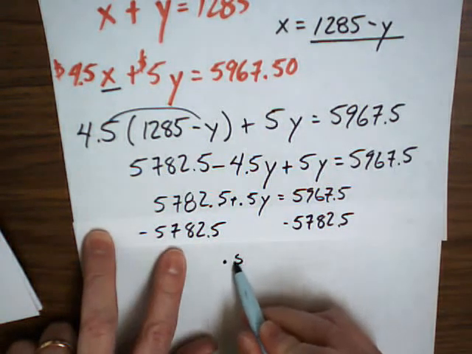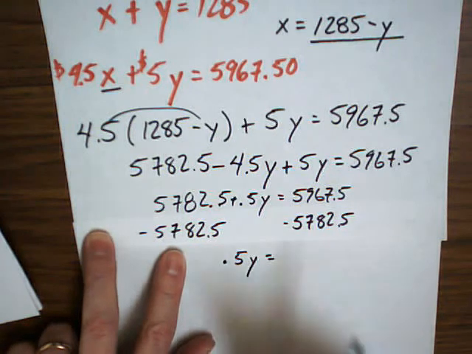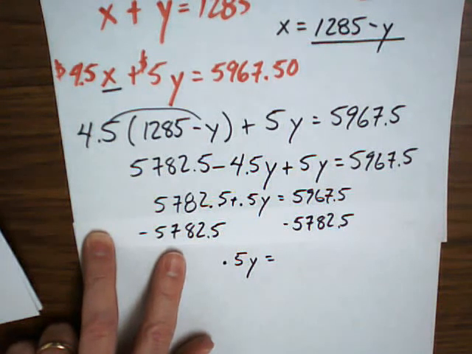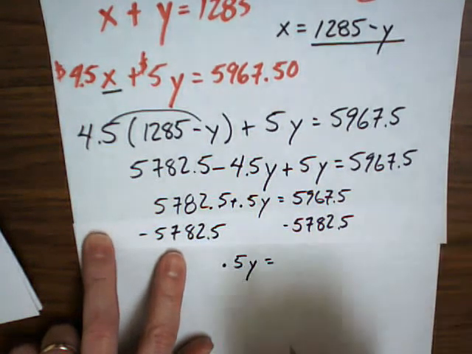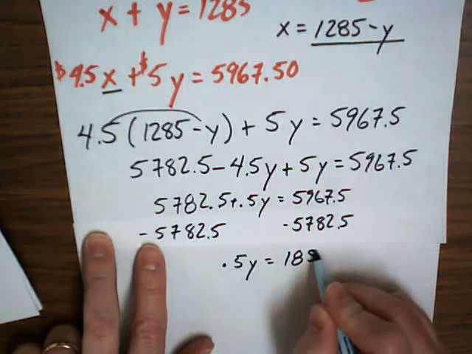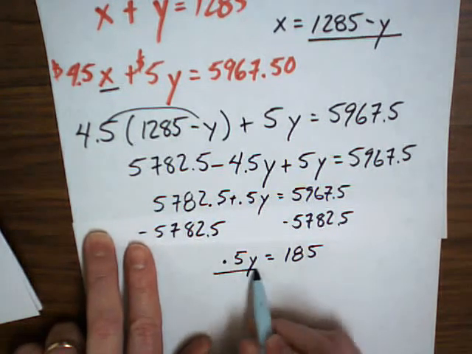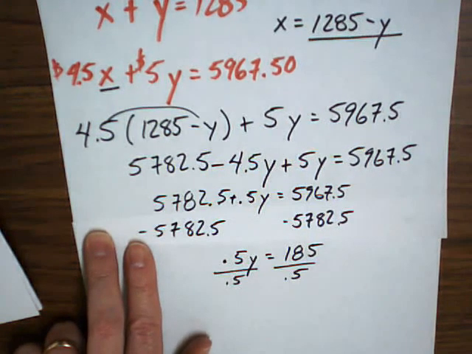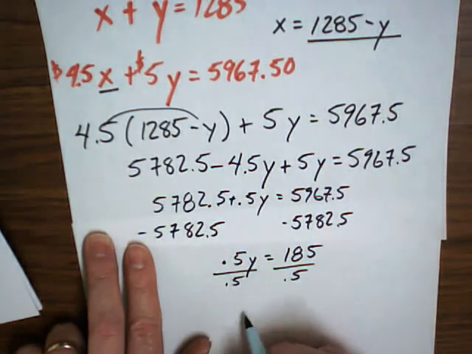That's 0.5y. Did y'all get 185? Okay. And we divide, which is just like times them by 2, but either way. 370?